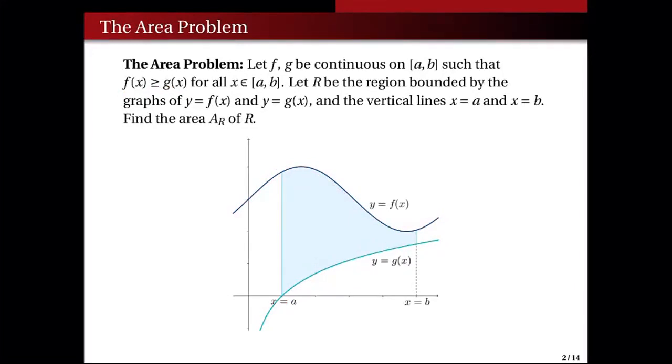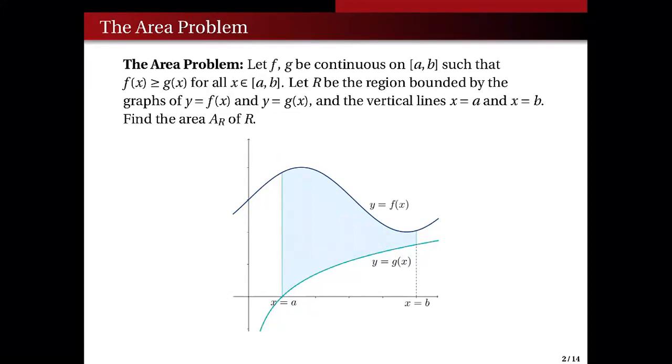Of course, this is x equals a, and this is x equals b. The region we are interested in is this guy in here. Our goal is to find the area of this region.